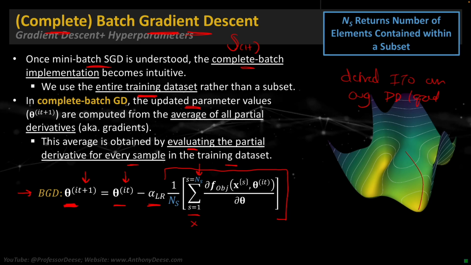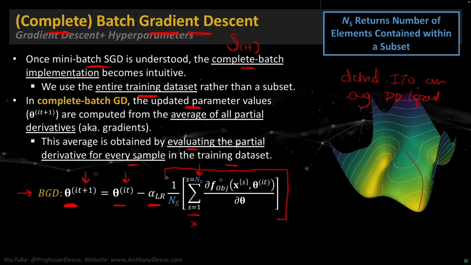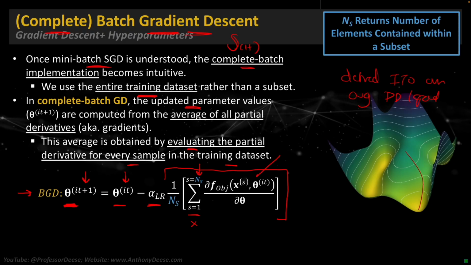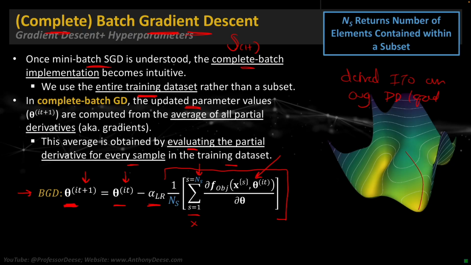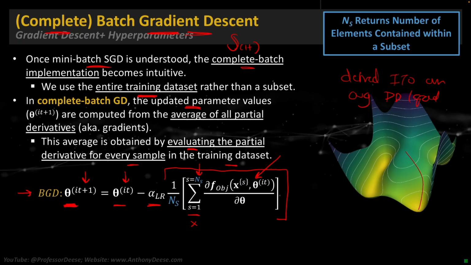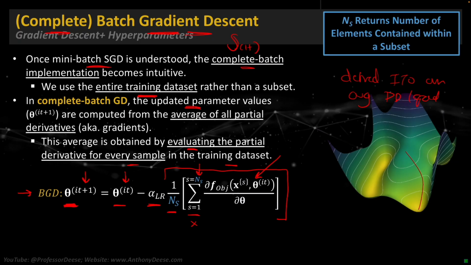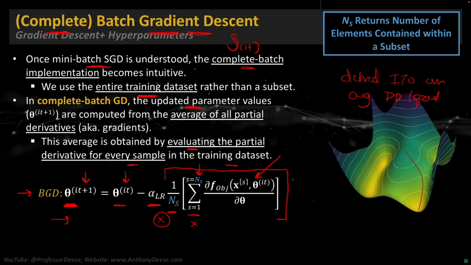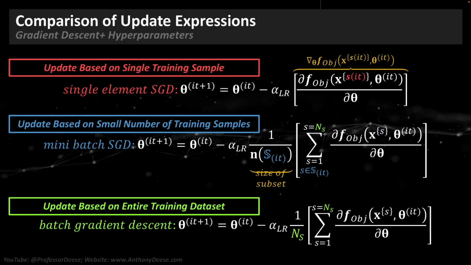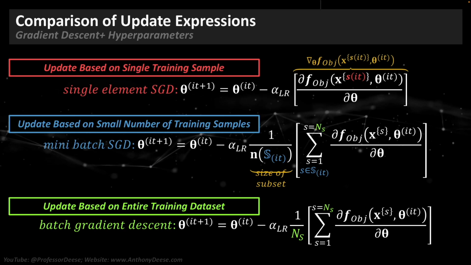We don't have any additional constraint here because there is no subset that we have to adhere to. We insert the relevant X arrays, right? Those are the inputs associated with the individual training samples. We then complete the average calculation by dividing by the number of training samples and then take the product and move on from there.